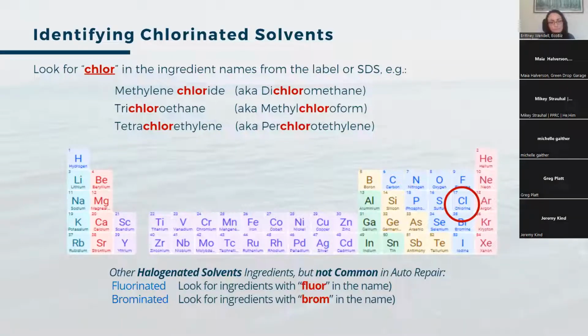Pretty easy. You see chlor in the ingredient name. And notice I've listed several here, and many chemicals have different names, synonyms we call them, but for chlorinated, you're going to see chlor in the ingredient. For fluorinated, you'll see fluor, and for brominated, you would see brom in the name.